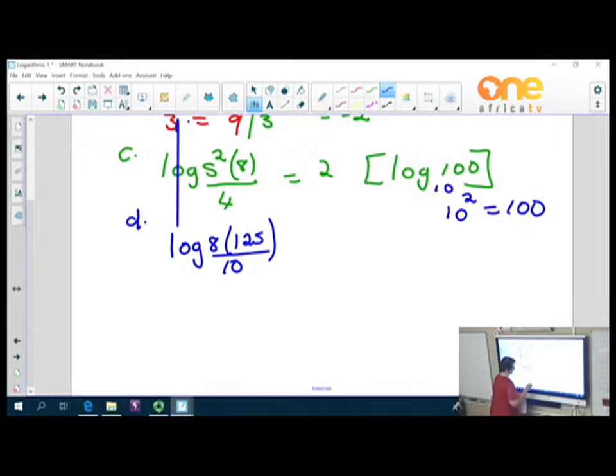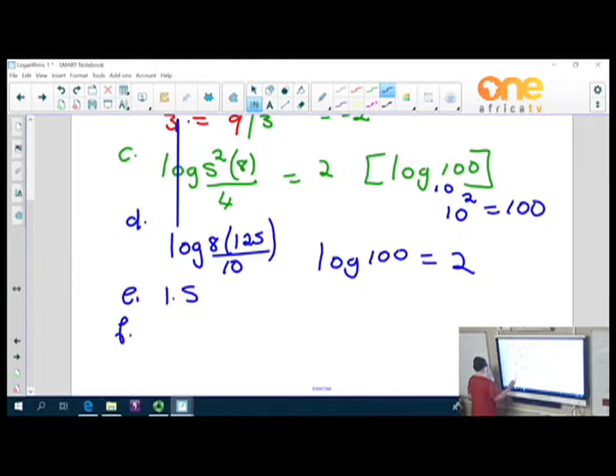And if we simplify here, we also have log 100, and the answer is 2. Same reason as that one. Number E. There you can just press the calculator. It gives you 1.5. Number F, again, press the calculator. Log 64, divide by log 4, and the answer is 3.